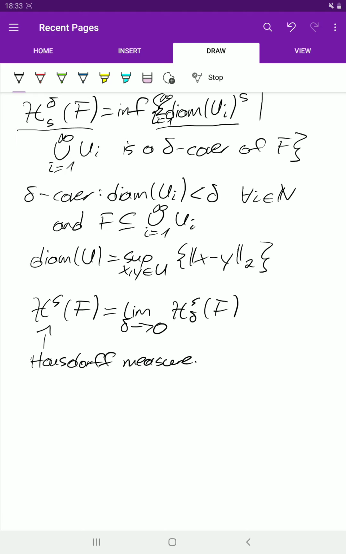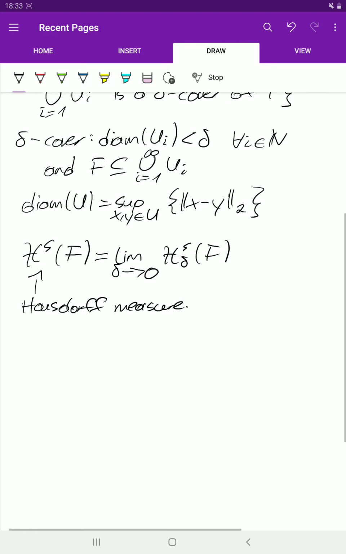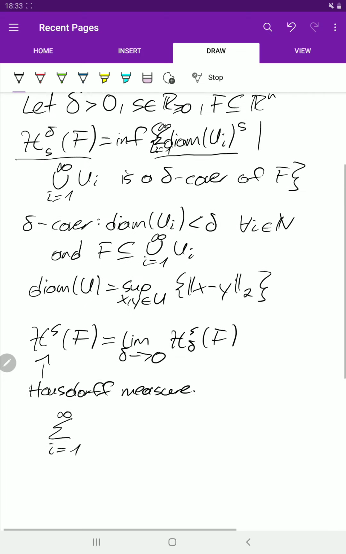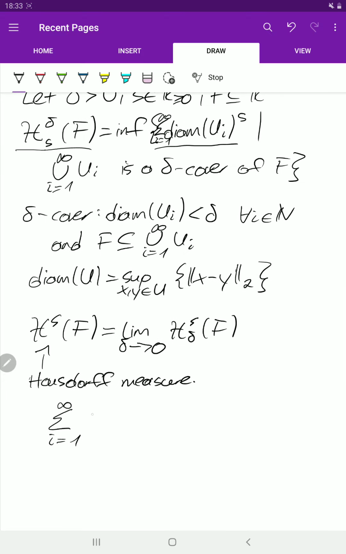But now we look at some properties of the Hausdorff measure. So let's look at this s now, because this will be interesting for our Hausdorff dimension. Let's look at the things that occur in this definition. We have the sum over the diameters.